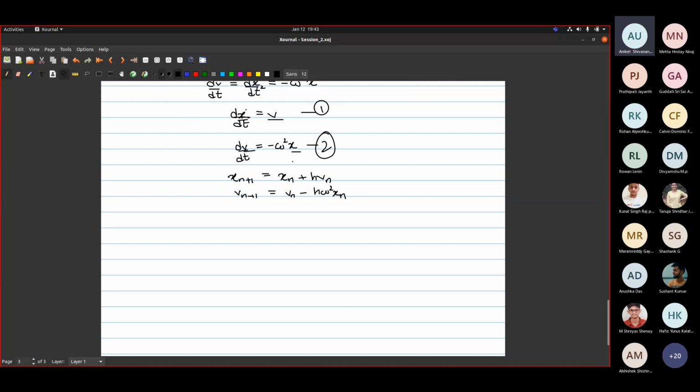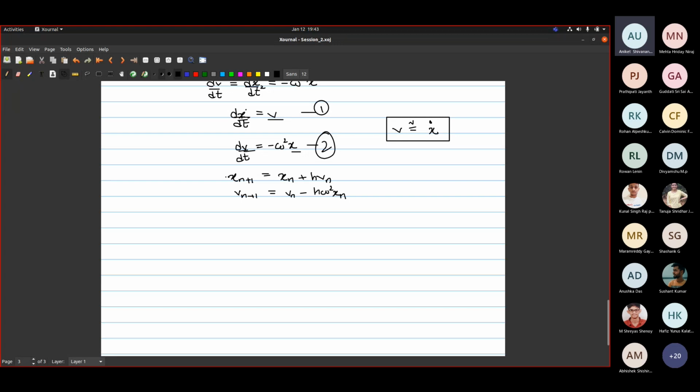So this becomes my system of equations. Another way of writing velocity is x dot, which is what I usually prefer and what you will find in books. Just for your understanding, I put it as v.